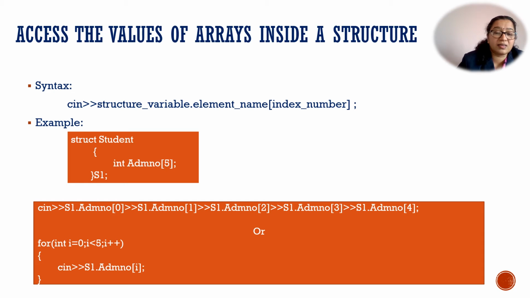Okay. This is the way of accessing the values. But if we want to store 38 students' admission numbers, it is difficult. We would have to write cin s1.admn[0] to cin s1.admn[37]. It is difficult, right?